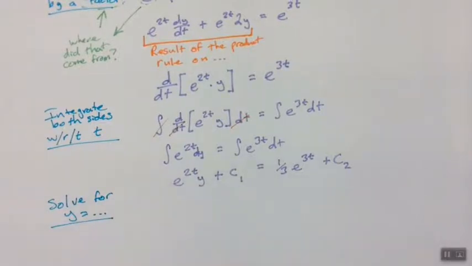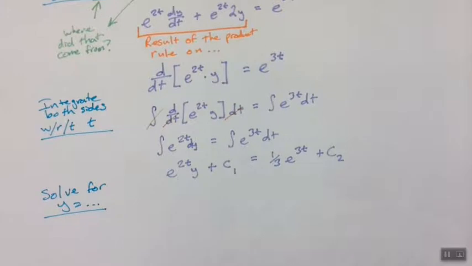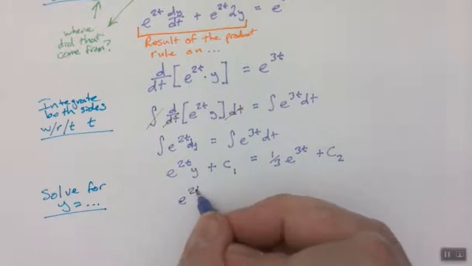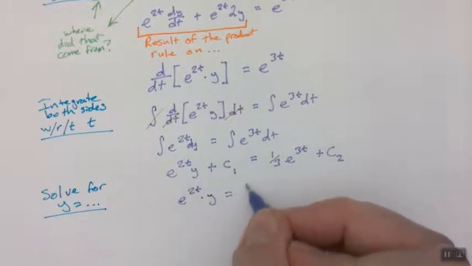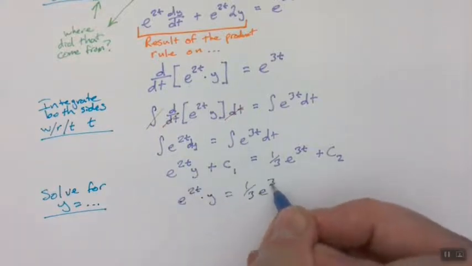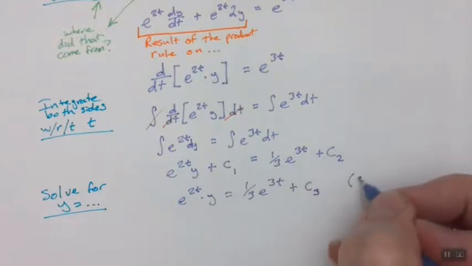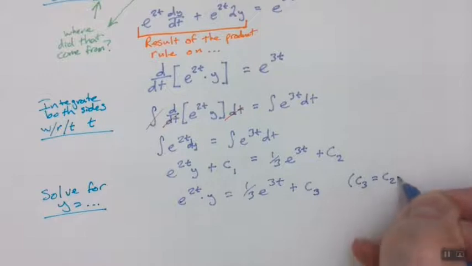The very last step is going to be to manipulate this, and I'm going to crunch my constants together. So I have e to the 2t times y equals 1/3 e to the 3t plus some constant C3, where C3 is equal to C2 minus C1.